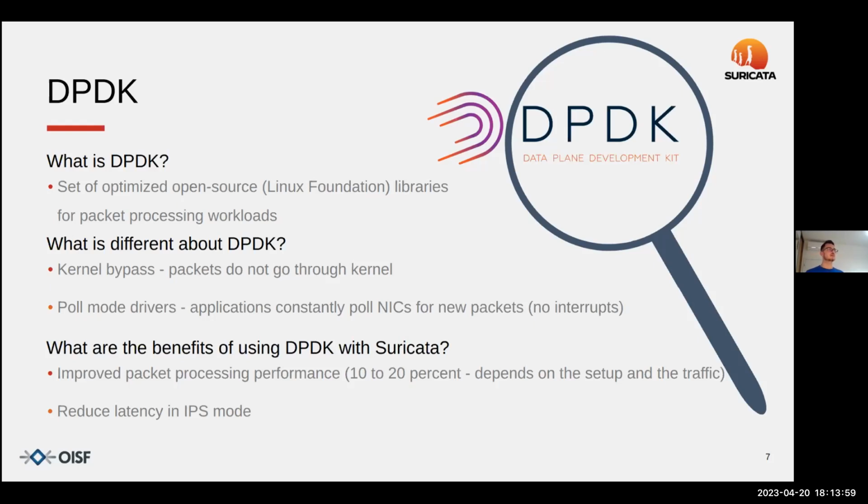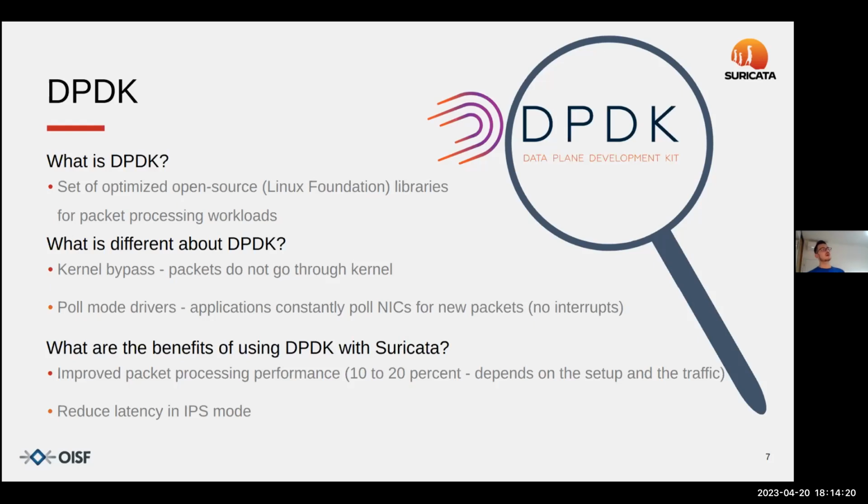And the way DPDK receives packets from the NIC is by polling the NIC for new packets, whereas in other capture modules, it's driven by interrupts. We'll go over that as well.